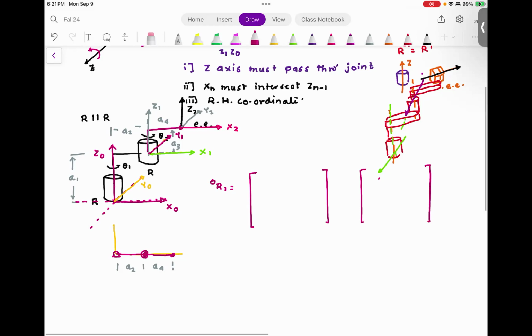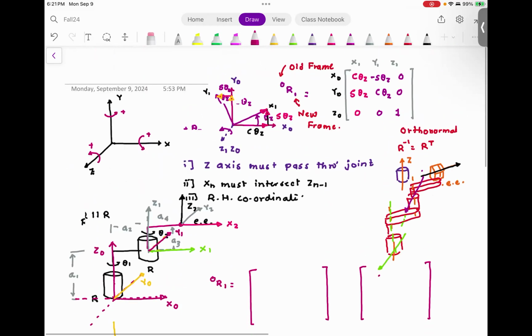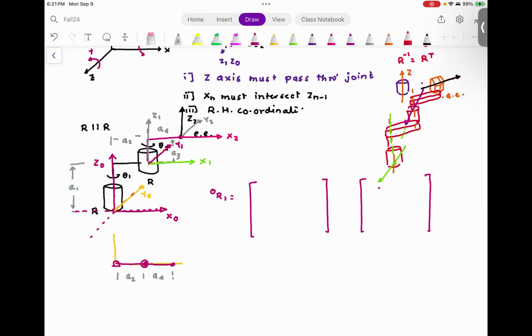The first one is the rotation matrix that we derive. This matrix, you shouldn't forget, is cosine theta 1, minus sine theta 1, 0; sine theta 1, cosine theta 1, 0; 0, 0, 1. This matrix is never going to change. It would remain as is, no matter what type of problem you are solving.